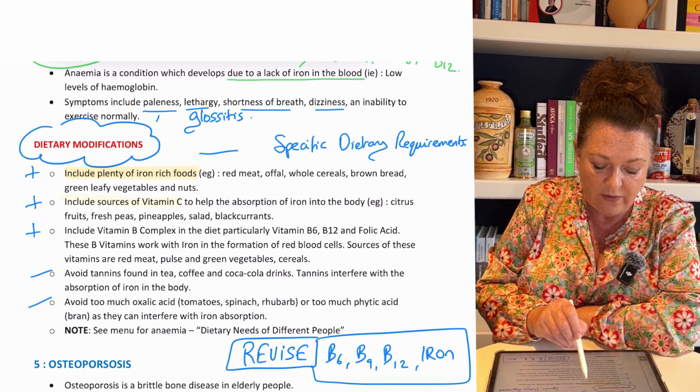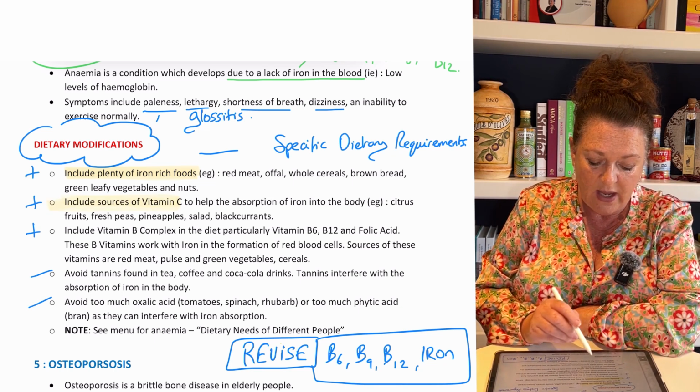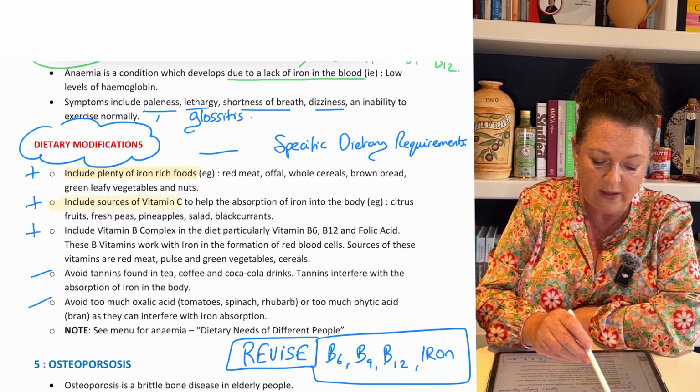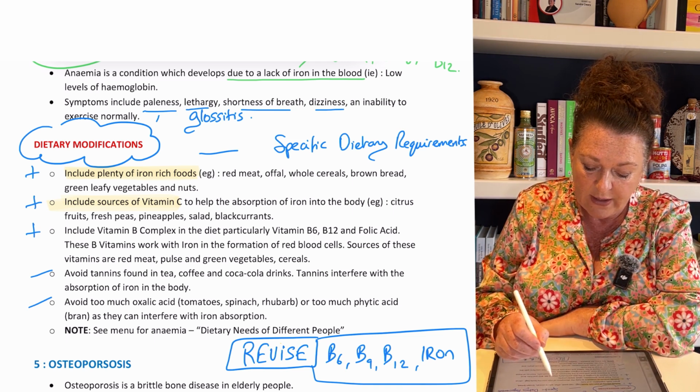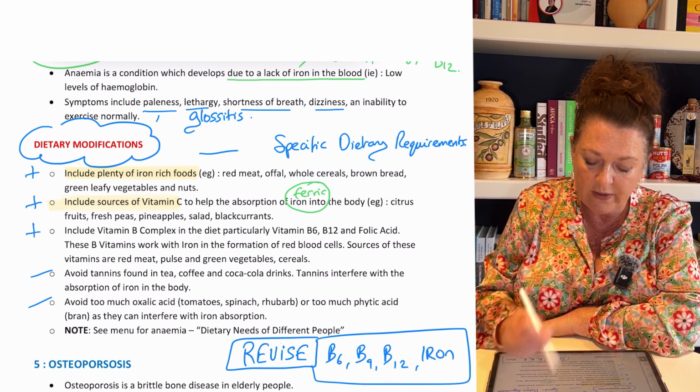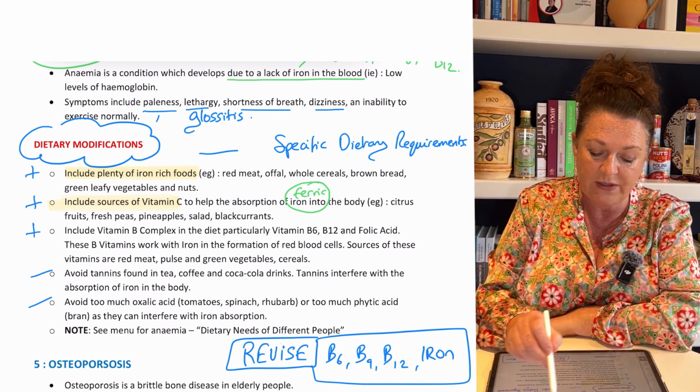Include sources of vitamin C, which we said, in the event that you're having ferric iron to help the absorption of ferric iron into the body.